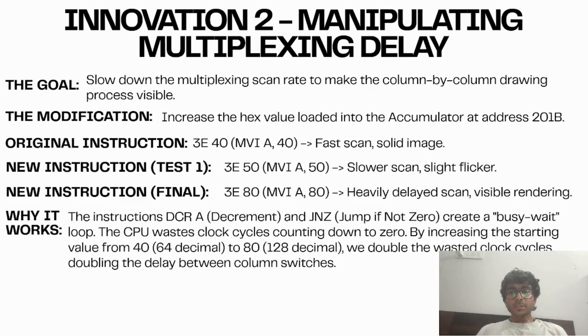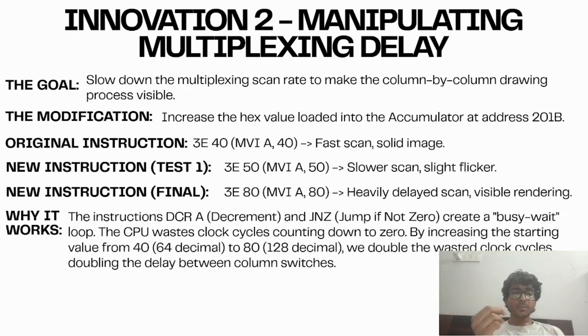Now, the second innovation that was done was manipulating the multiplexing delay. At the memory location 201C, it started at 201B and then it was at 201C, we got this memory value 40. So we changed this from 40 to 50 and then to 80. There is a timer that basically counts down from 40 to 0.